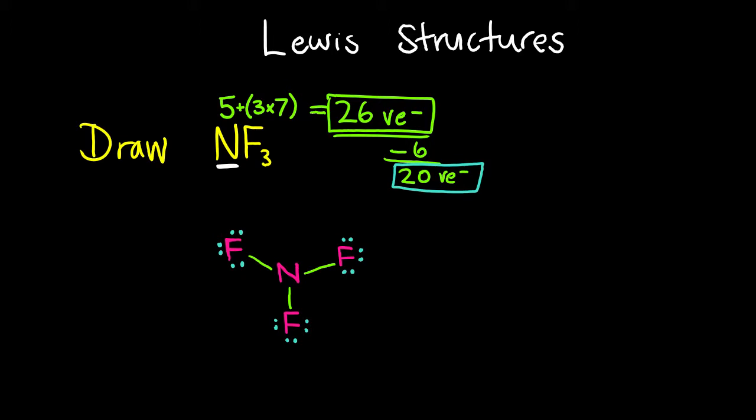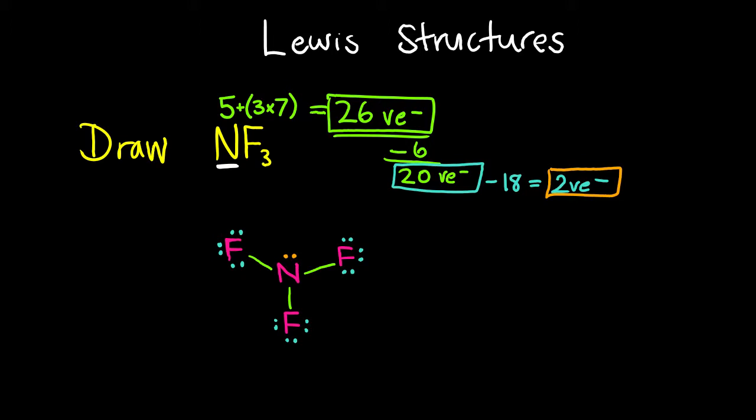Once you run out of room on those outside atoms, and you still have some remaining, so 20 minus 18 equals 2, then where do those 2 remaining valence electrons go? You have no more room on the outside. When you run out of space on the outside atoms and you have remaining valence electrons, then you put them on the inside atom.